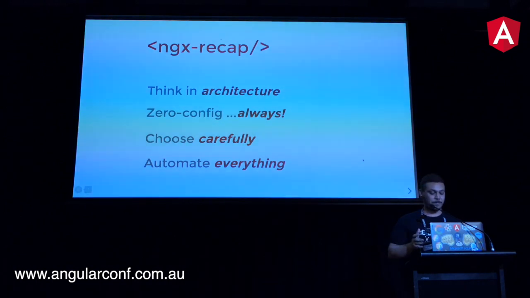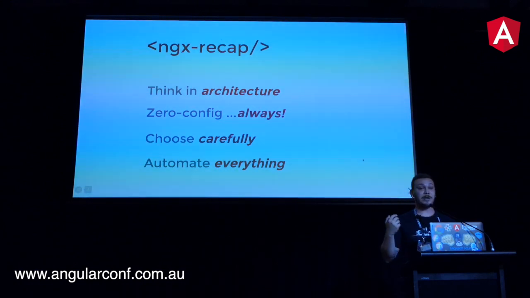So as a recap, first think about architecture. Even in a small component, you need to think that this component will be used in all the pages. Zero configuration, always. So in our case, you can use Angular CLI for that. So Angular CLI for rescue and your life would be great. Choose carefully. Sometimes you need to integrate a library, a package, a module, but take a look at the definition, sometimes you don't need that.